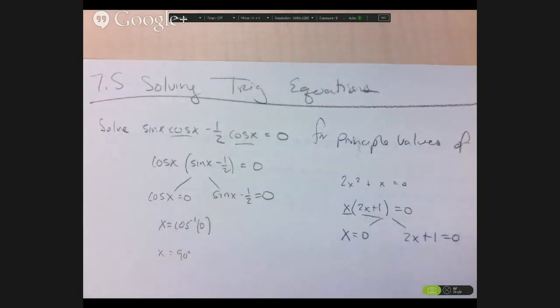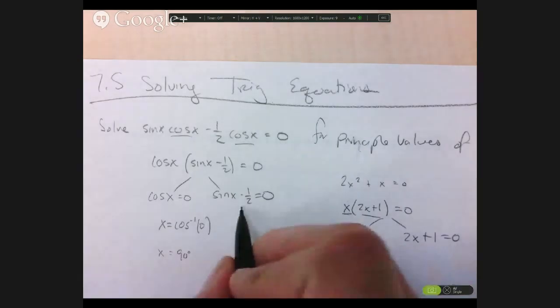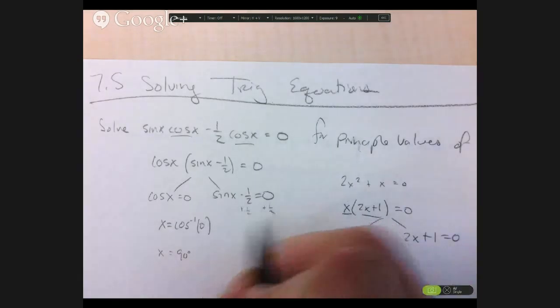Or you can look at the tables in the book. Okay, great place to go. And then so if I add a half here, where is sine x equal to 1/2?